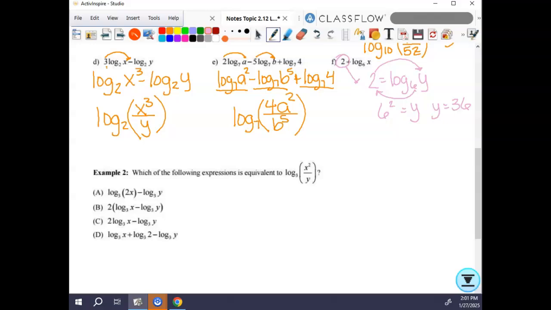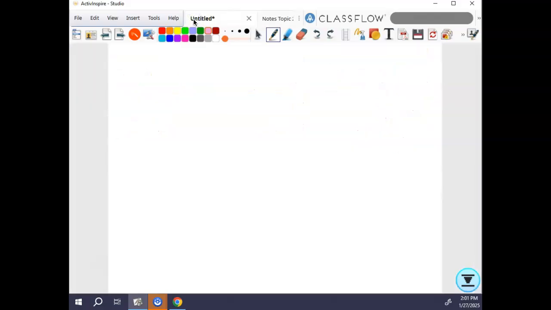Okay, so what we have just figured out is that 2 is equal to log base 6 of 36. Just a different way to write the number 2. Just like 2 is also 6 divided by 3. 2 is also the square root of 4. It has a lot of different forms, right? So let me show you why this works. So we have log base 6 of 36.